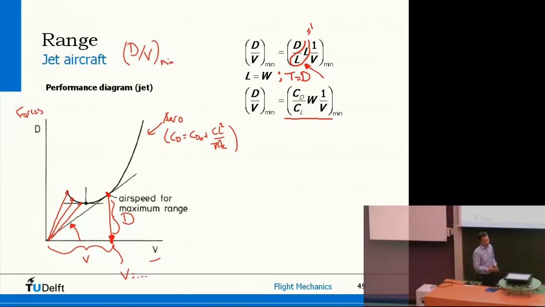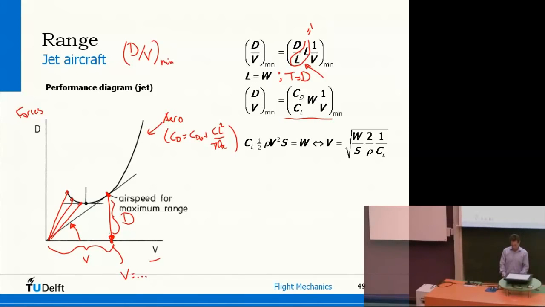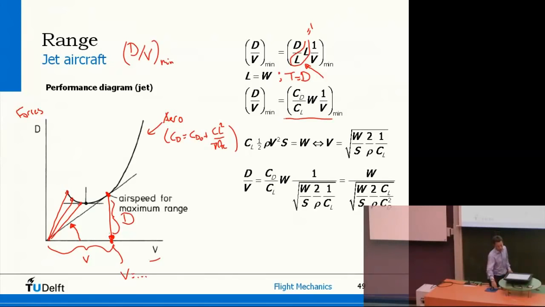And we already know lift is equal to weight. So we have the airspeed equation, which is the square root of weight over S, 2 over rho, and 1 over CL. Now, if I put that in the D over V equation, then this is what I get.